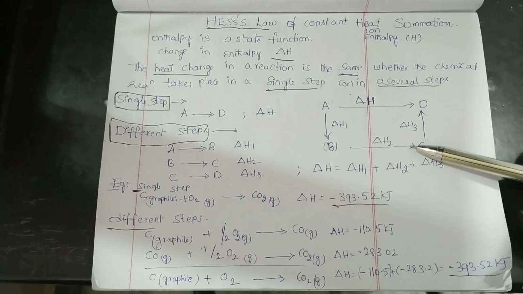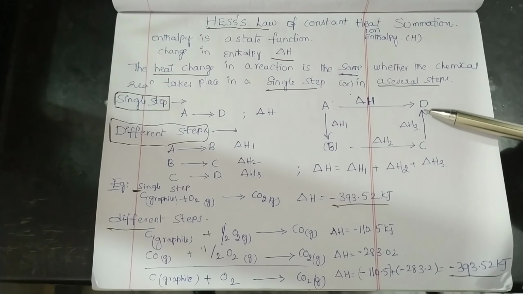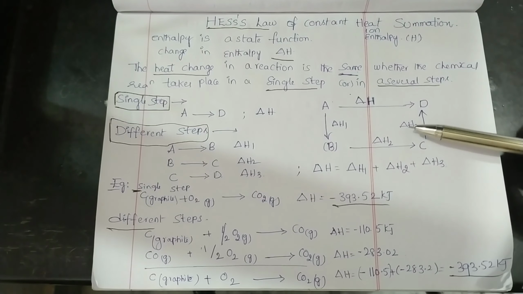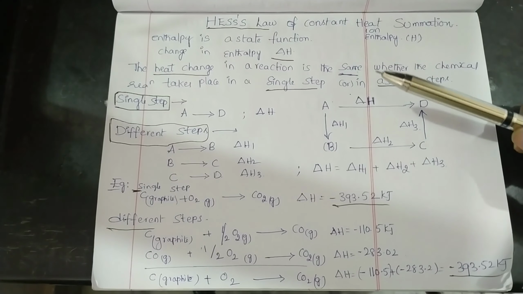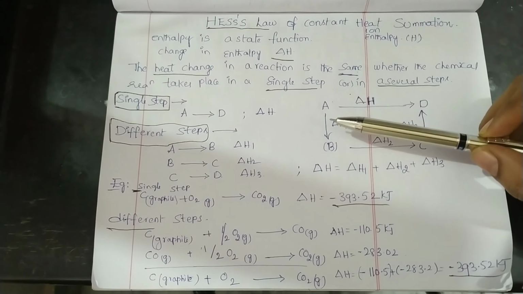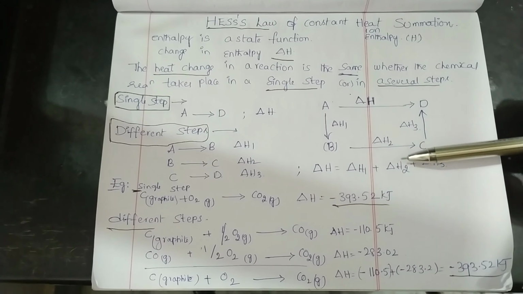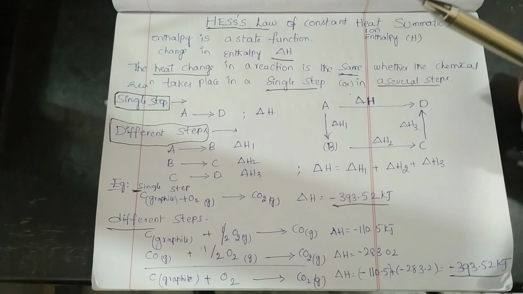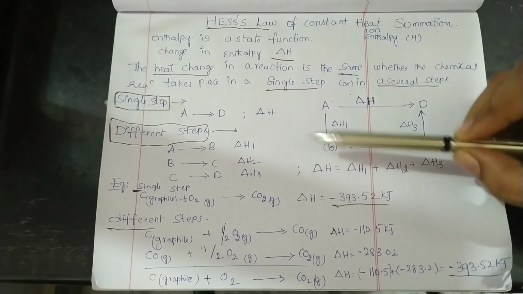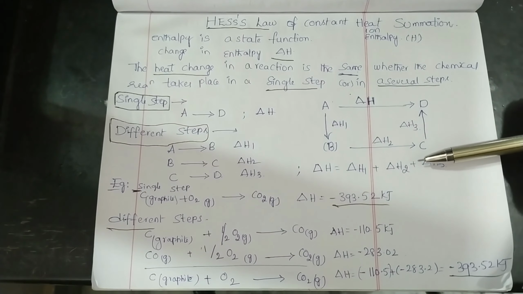From B to C, enthalpy change is delta H2. From C to D, enthalpy change is delta H3. When the above three reactions are added, the net heat of the reaction is delta H1 plus delta H2 plus delta H3. According to Hess's law, delta H equals delta H1 plus delta H2 plus delta H3.